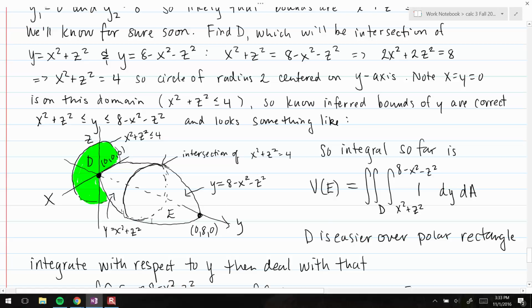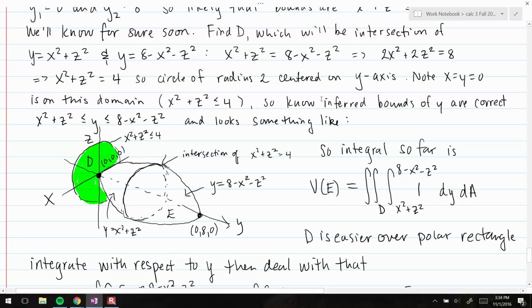We project down that widest part, and that's our domain D that's shown in green. Fortunately, they're both solved for y, so you can easily equate them and do some algebra. Note that the intersection is a circle in the xz plane with a radius of 2.